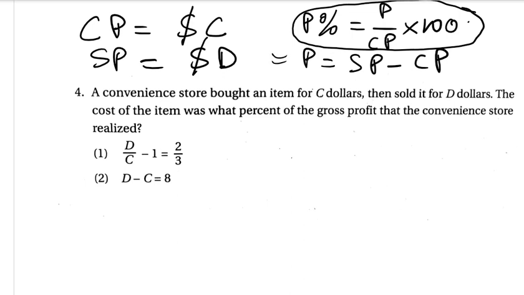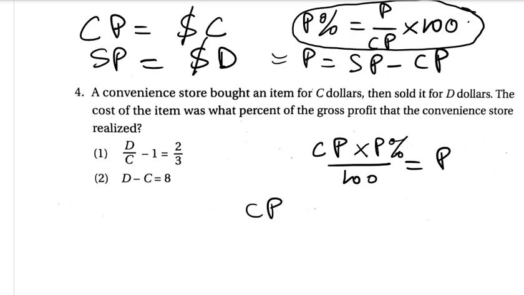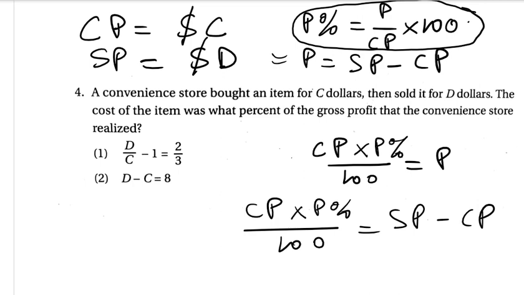So that will be CP into P percent divided by 100 is actually equal to P. Alright, so profit, CP into P percent by 100, is equal to SP minus CP.